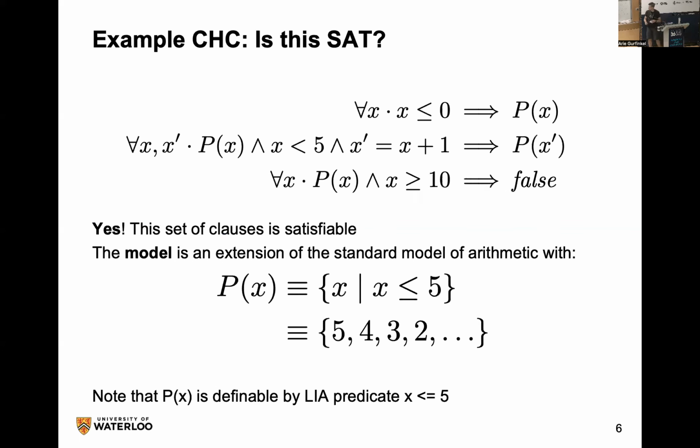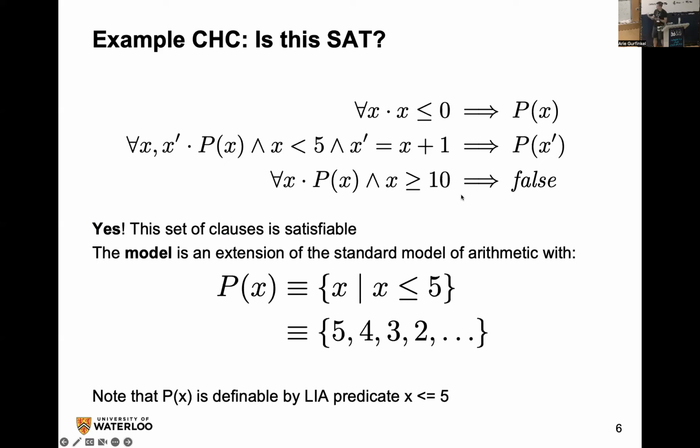And I promised an example. This is sort of the simplest system of constrained Horn clauses. It represents a counter that counts up to 5. You have 3 clauses in here. One uninterpreted predicate P. The first clause is called the fact. It basically says P has all values which are less than or equal to 0. The last one is called the query.